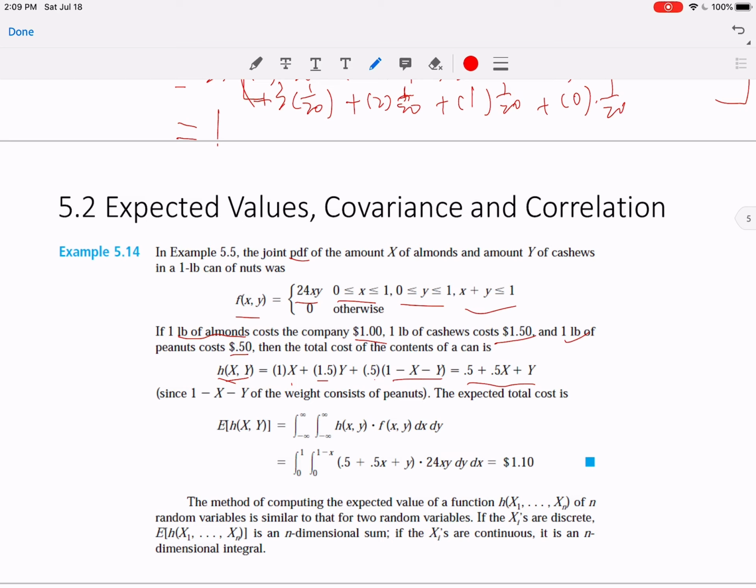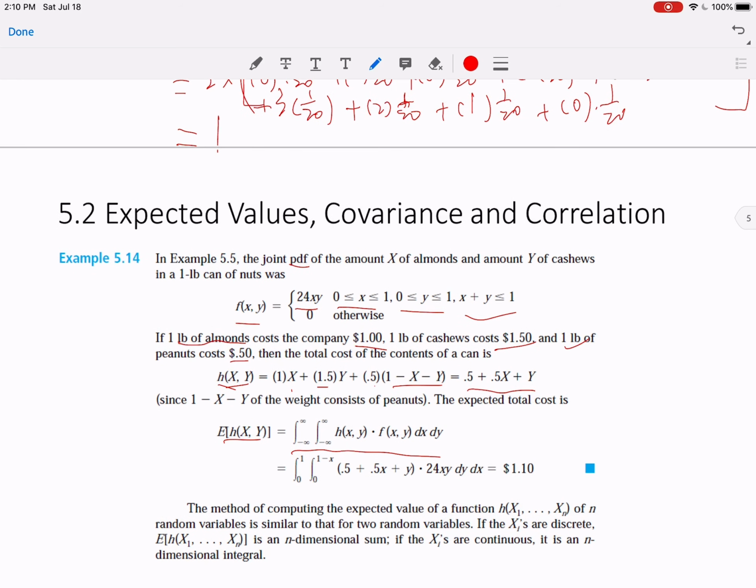And then if we want to find the expected value of h of x, y here, we just need to apply the proposition given here, the double integration from negative infinity to positive infinity, h of x y times the joint PDF, f of x y, and then dx dy.